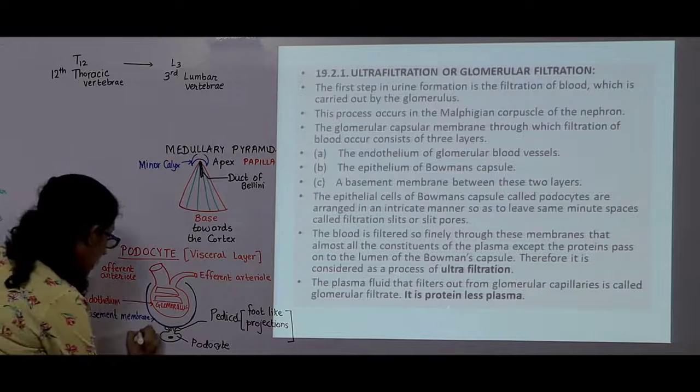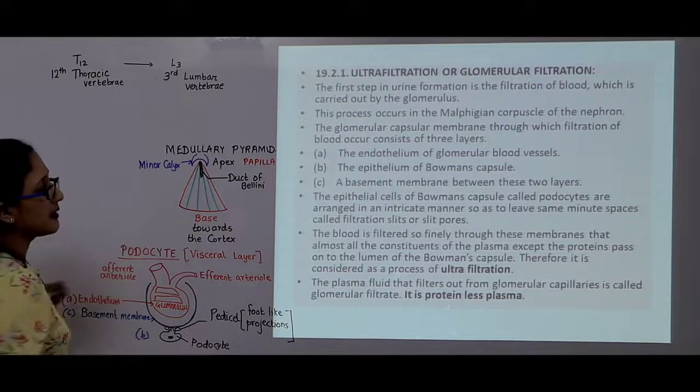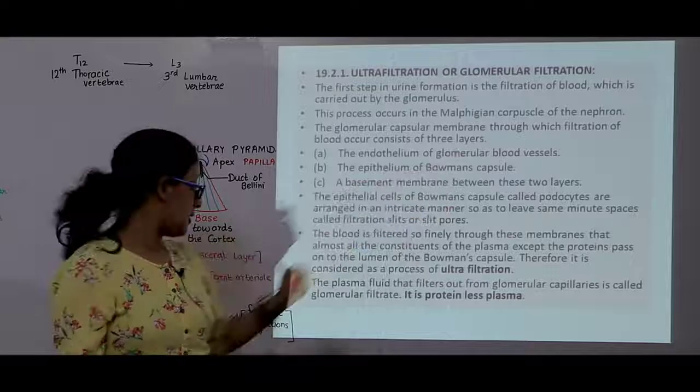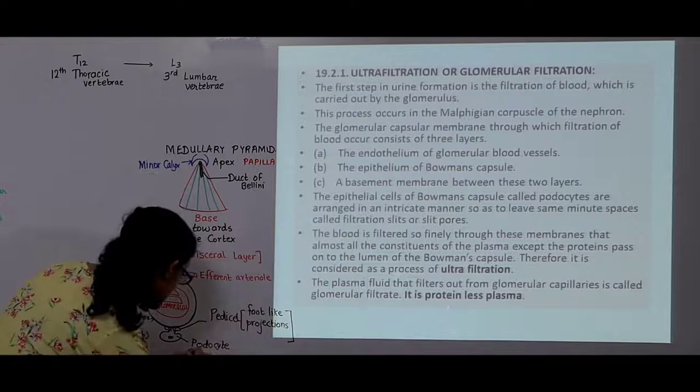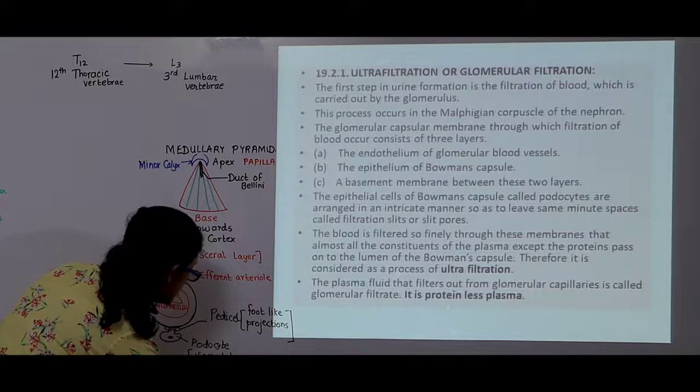And the point number B is the podocyte. The podocytes are the cells of the Bowman's capsule. So podocytes are the cells of the visceral layer of Bowman's capsule.